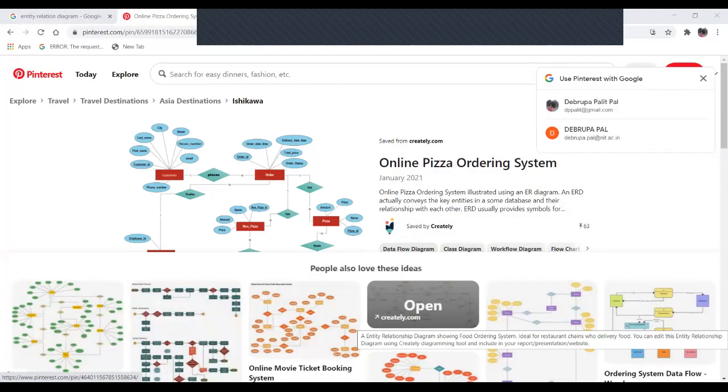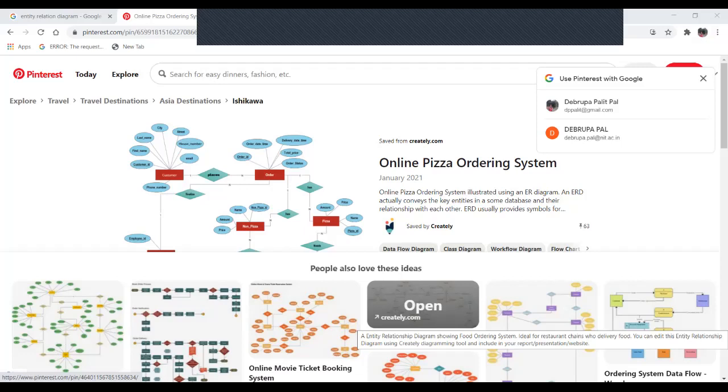Now order here has is being written. See, has relationship is repeated. Order has pizza, order has non-pizza. That means the relationship name can be repeated. It is not the rule that if you write the same relationship name, you will not get marks.